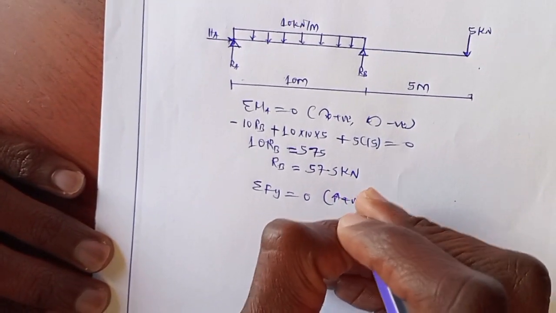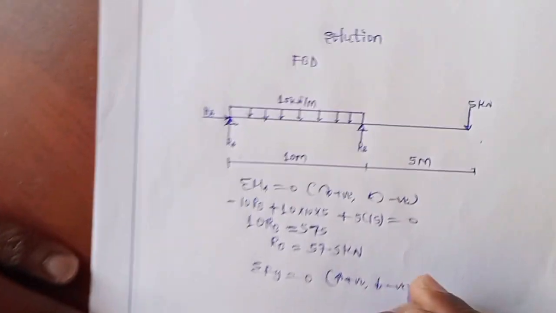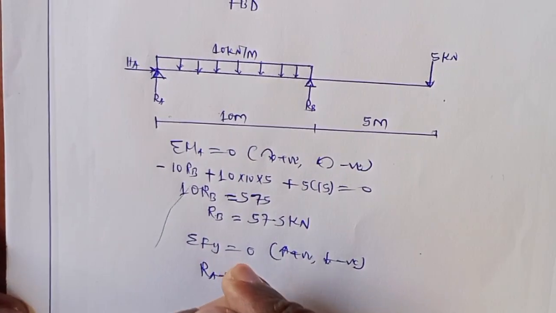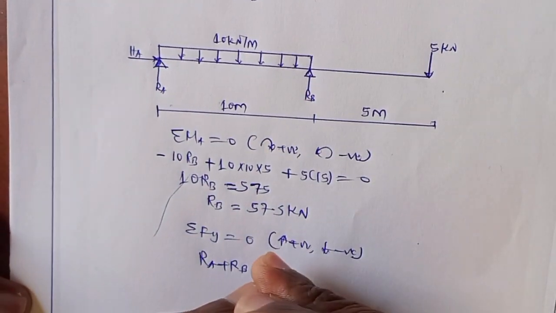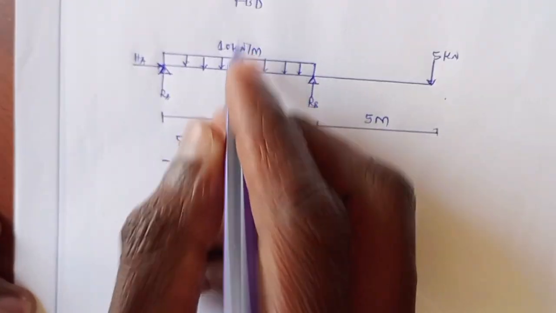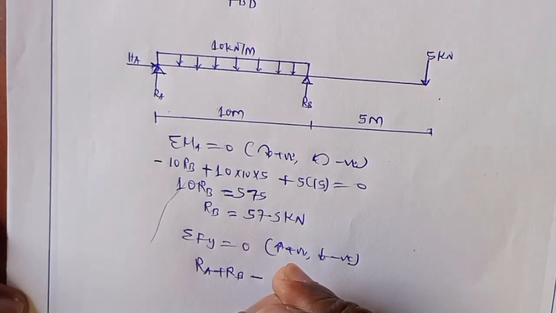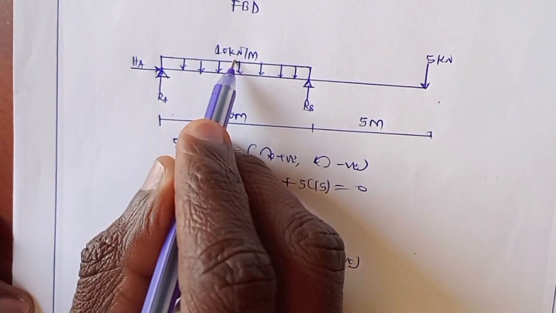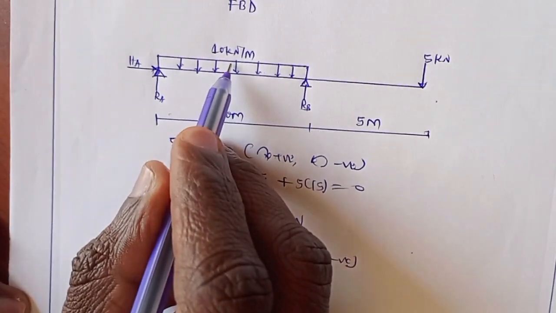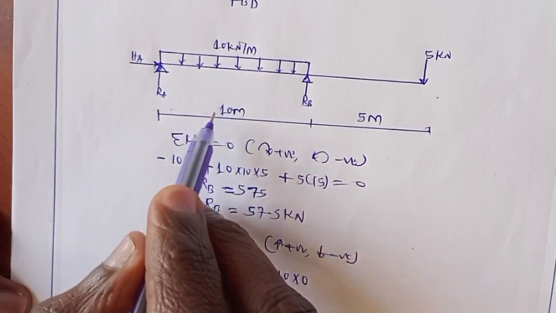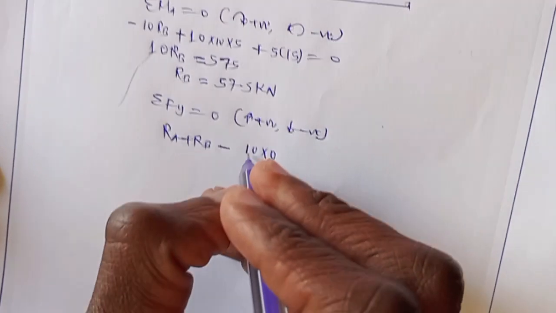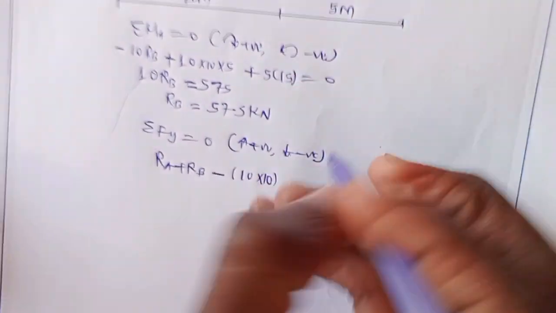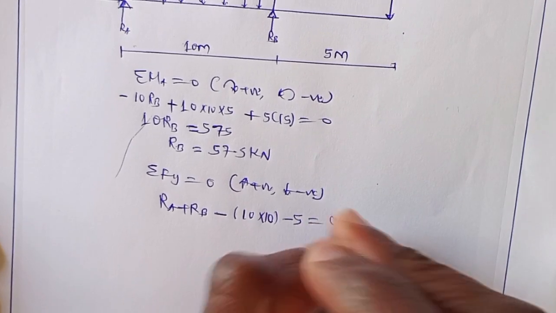So in order to obtain the vertical reaction RA, we take the summation of vertical force equal to 0. Upward is positive and downward will be negative. So upward you have RA plus RB, minus the downward force, which is 10 times 10. This is 10 kilonewton per meter; to obtain the point load, it will be 10 times its distance, so 10 times 10, minus 5 equal to 0.